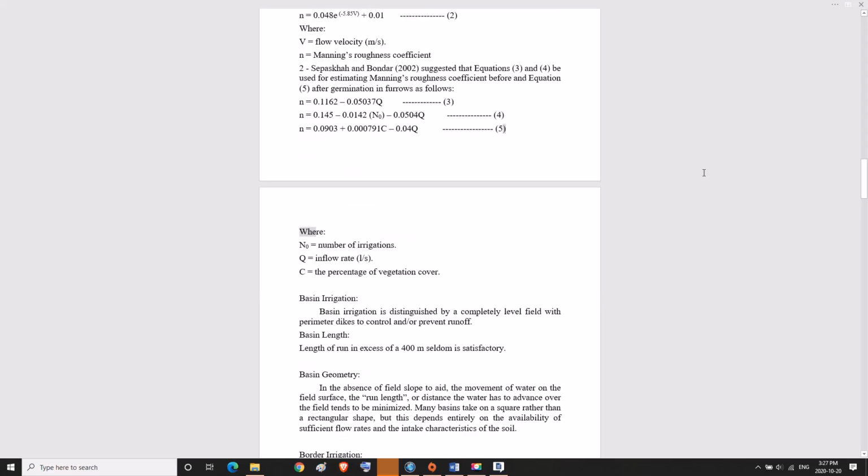Where N0 equals number of irrigations, q equals inflow rate, L/s, and c equals the percentage of vegetation cover.